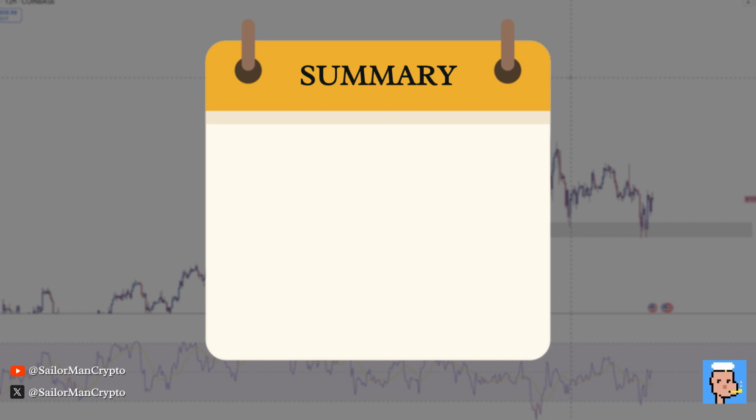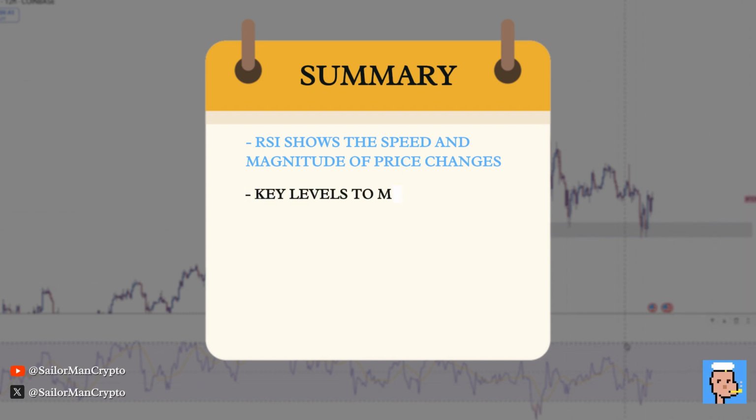The RSI is just an indicator that shows speed and magnitude of price changes, and it will give you a momentum signal whenever the uptrend or downtrend is stalling and potentially starting to reverse. The key levels to monitor are 30 and 70, because you want to see price reversal with a bearish divergence above the 70 level, and a bullish divergence below the 30 level.